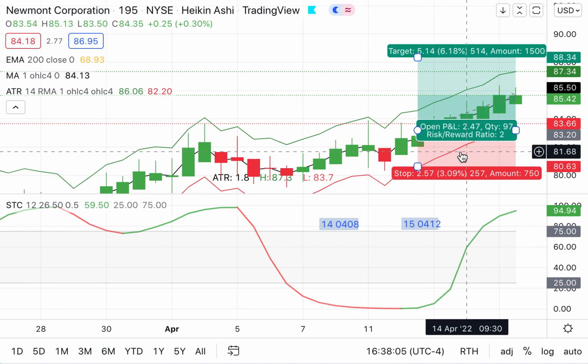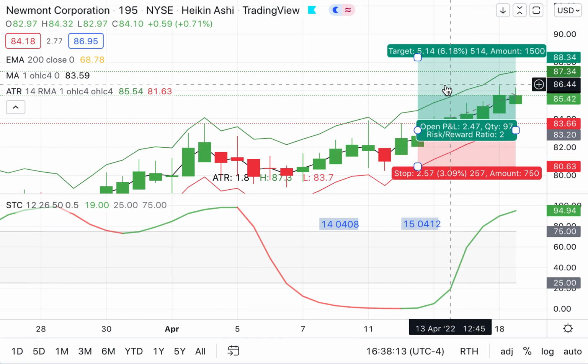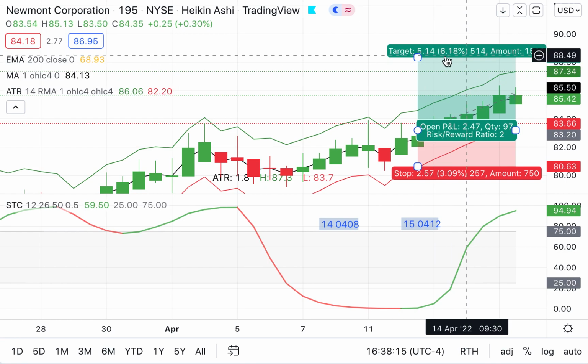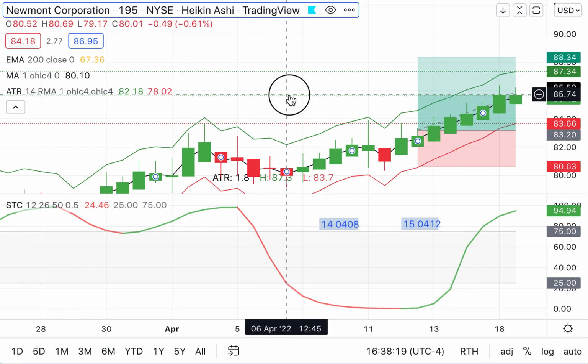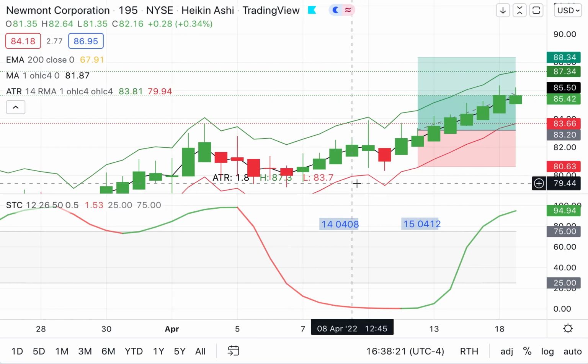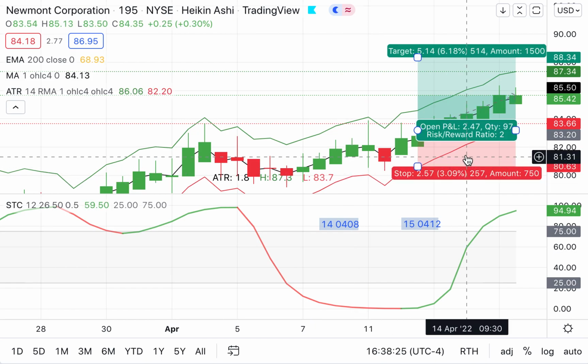I keyed into, of course, my stop being at 3.08% down, and of course, heading up to hopefully clearing 6.18%. And again, what did I do? Well, I adjusted my play based upon the risk.